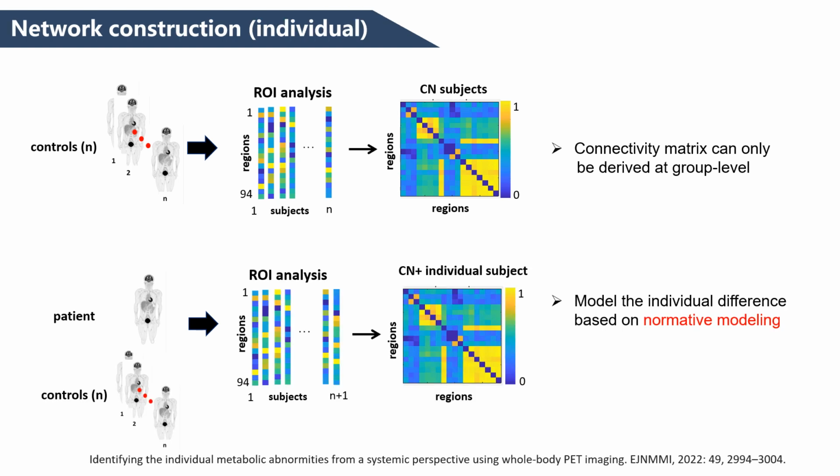The way we did it here is called normative modeling. In other words, the subject was added into the control group, which forms a new group with n+1 subjects, thus enabling us to build another group-level connectivity matrix.